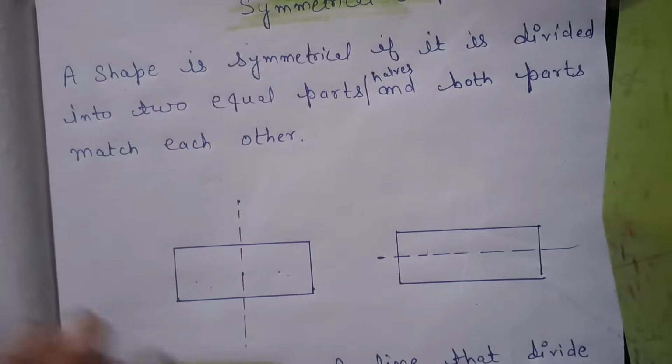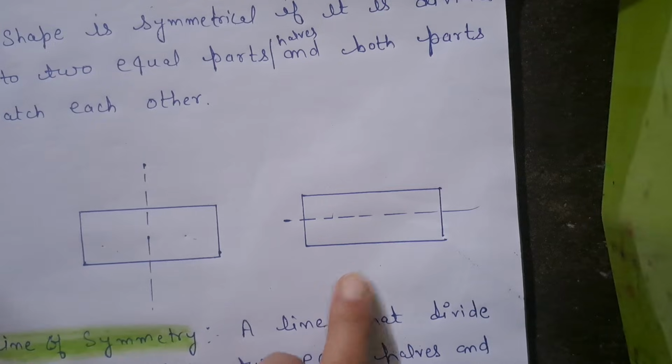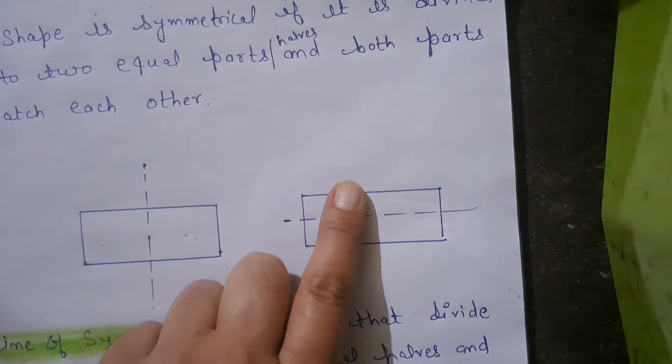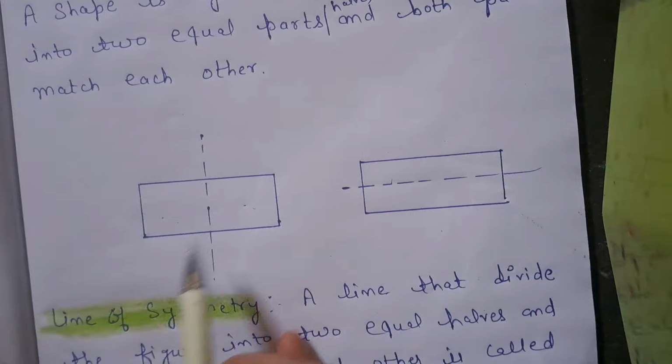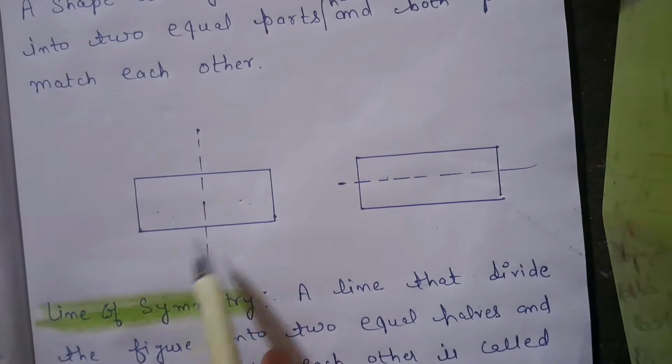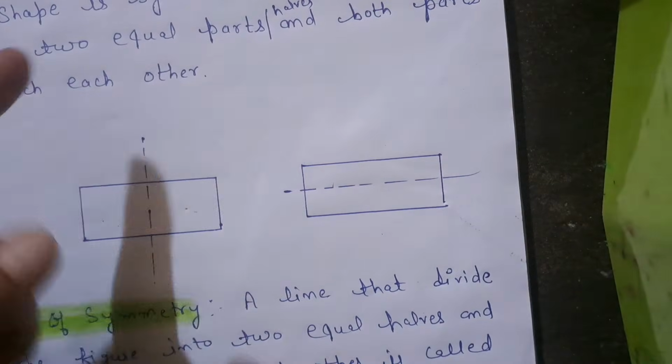Okay, so let's look at another one. This is also a rectangle. In the previous example we took a horizontal line, now we take a vertical line.